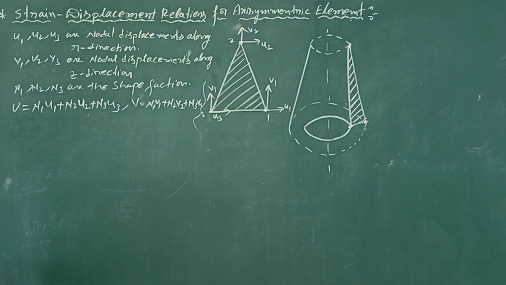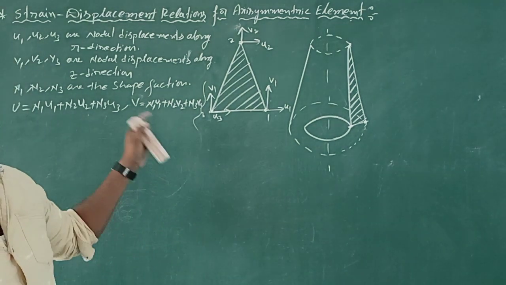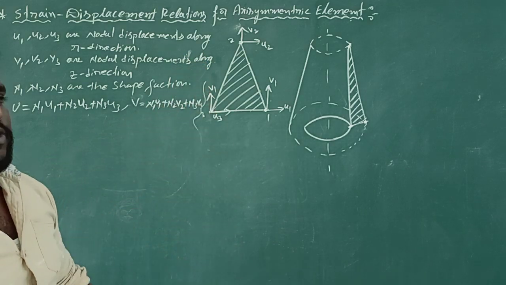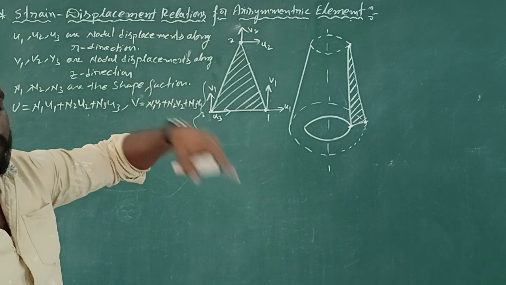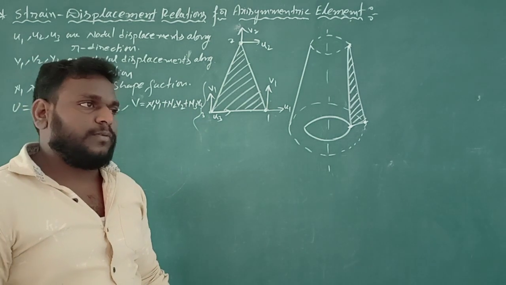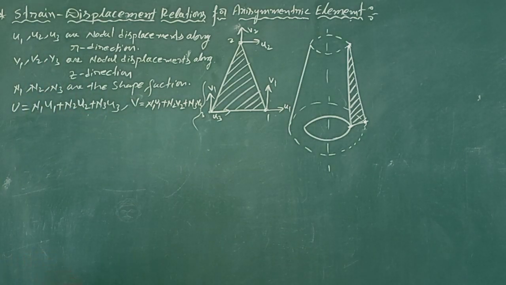So next, we know the relation between displacement and strain. I have already done a video on strain and elasticity equations for this axisymmetric element. In the description there is a link, so open it and see the total equation.